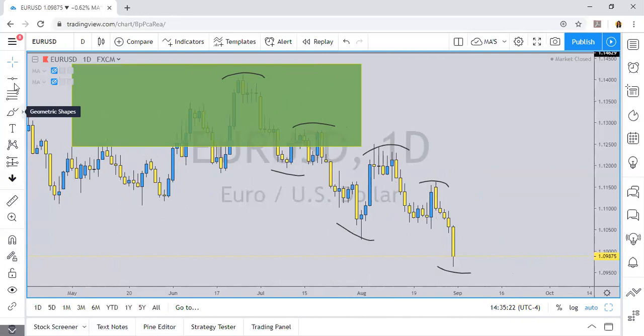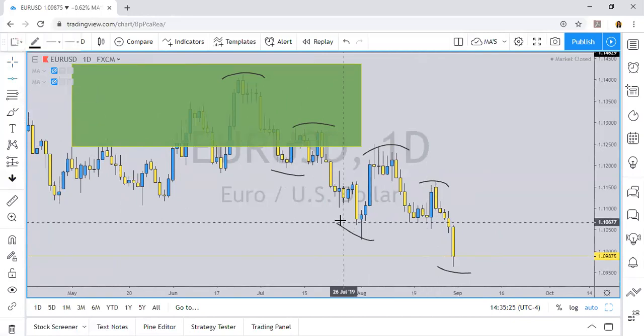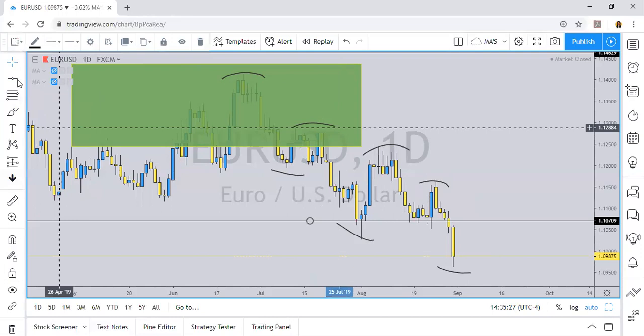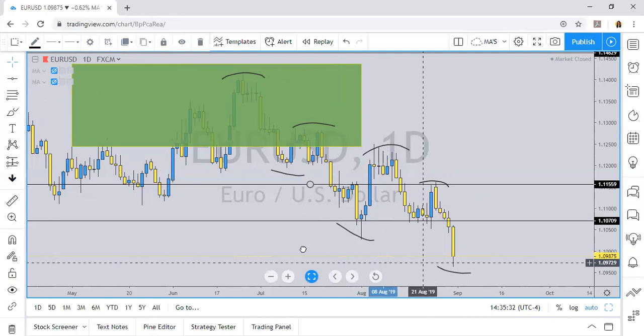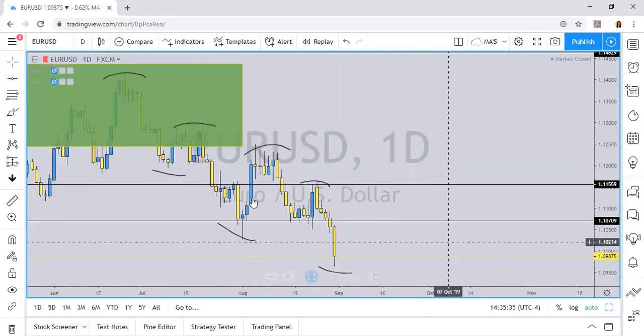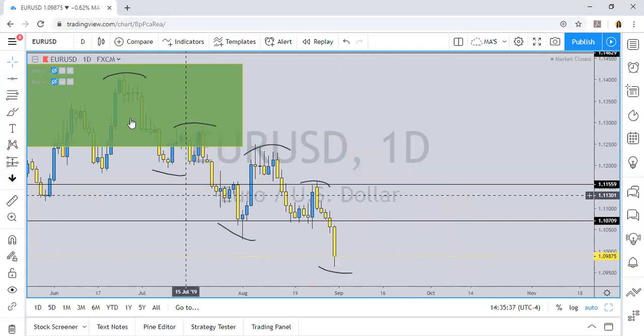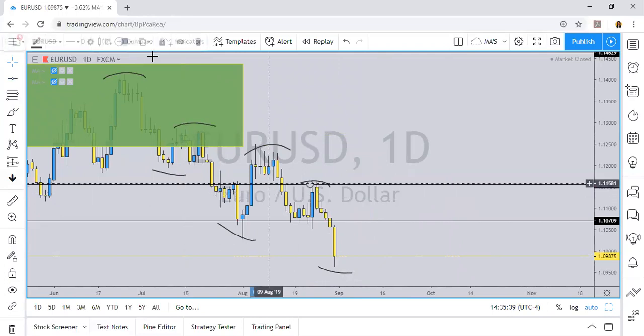Actually, I see two possibilities, okay? So I'm seeing this here, and then I also see this as well, okay? And actually, let me make this a different color.